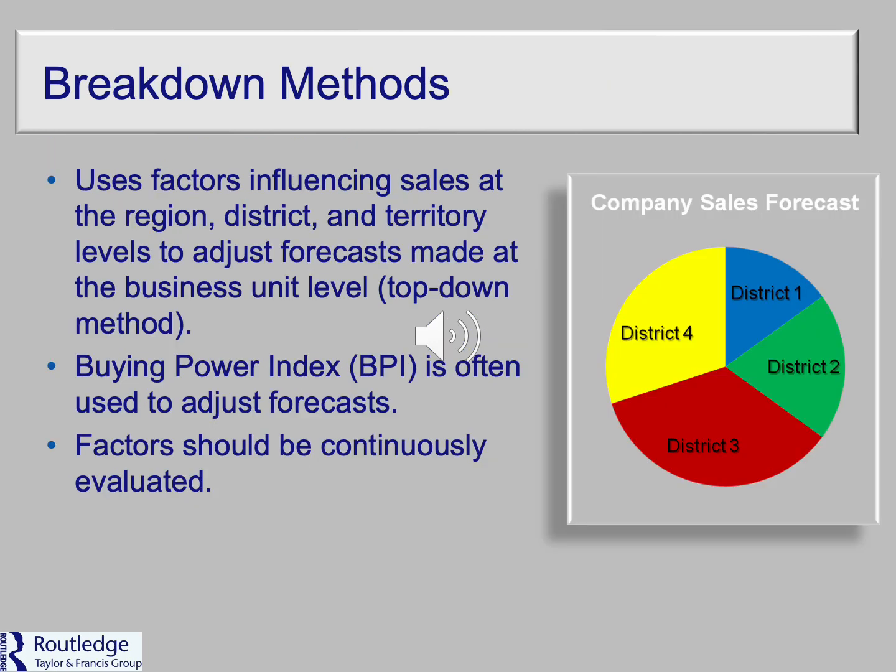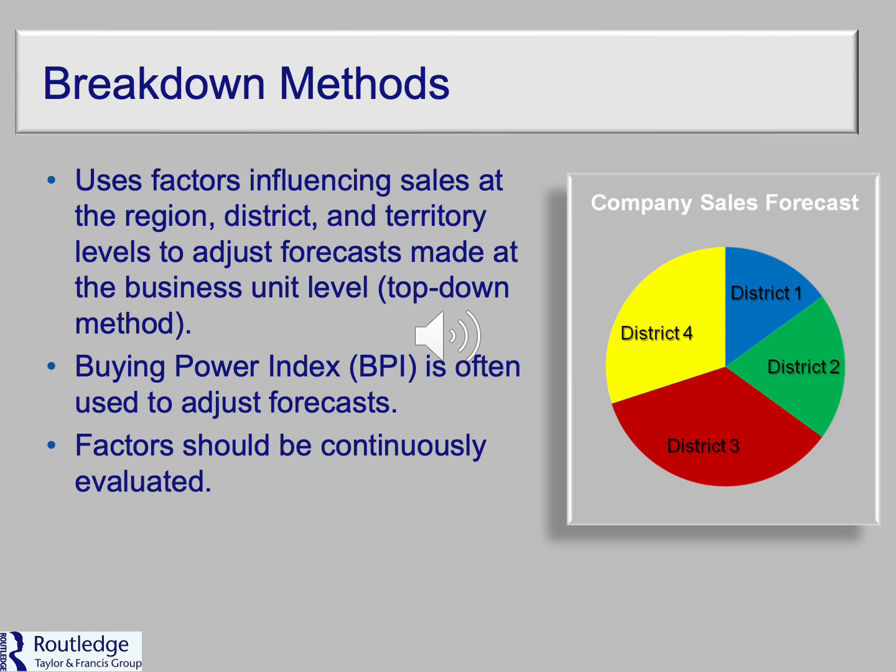Okay, so the breakdown method is, we're moving out of the time series methods and moving into a method that actually uses market factors to determine how much of the forecast should be allocated for specific regions, districts, or territories.